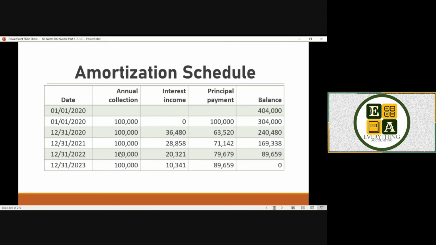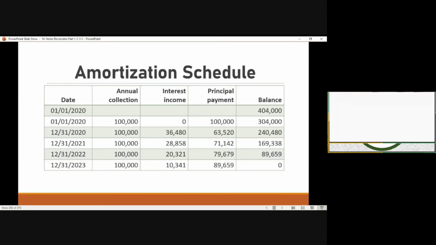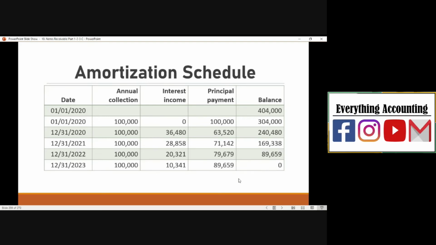Then deduct it from 100,000, will arrive at 79,679. Then 79,679, deduct it from 169,338, will have an amount of 89,659. So adjusted figures only. To zero this out, carry forward 89,659 here, then compare 100,000 with 89,659. Our interest income for 2023 would be 10,341.